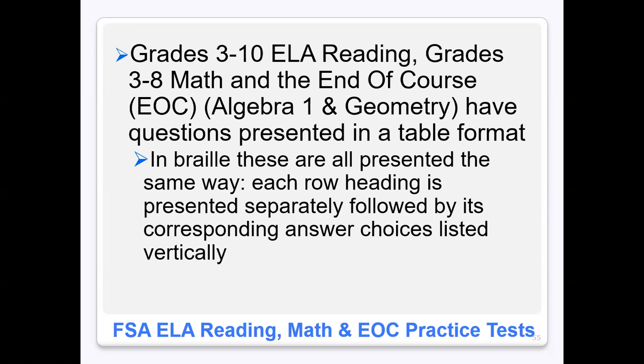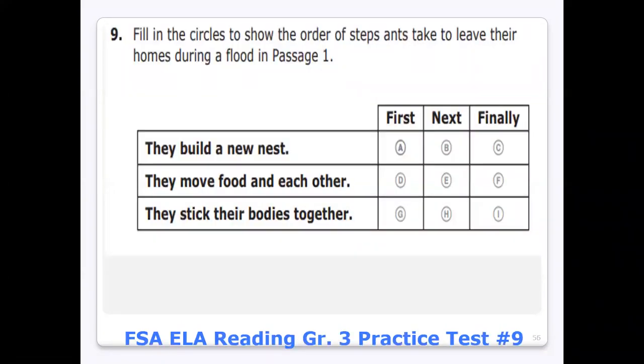So let's look at it. This is an example from the reading grade 3 practice test. You've got your table, your row heading is they build a new nest, and then your columns are answer choices, A first, B next, C finally. Note that the first sentence is going to be changed from fill in the circle to write the letters.